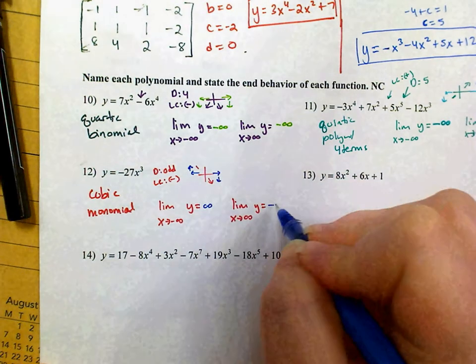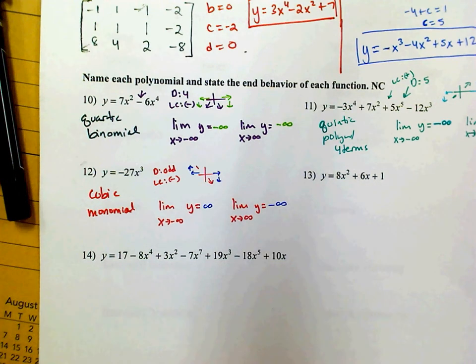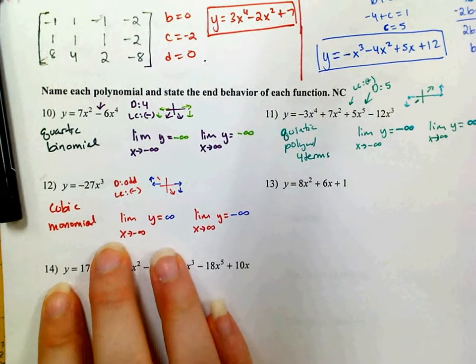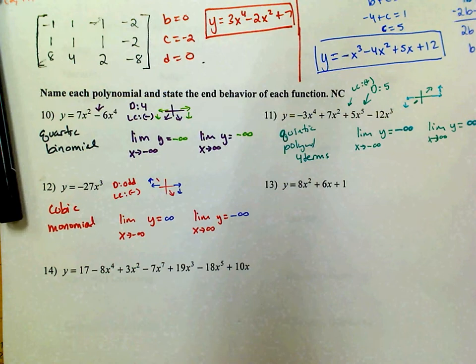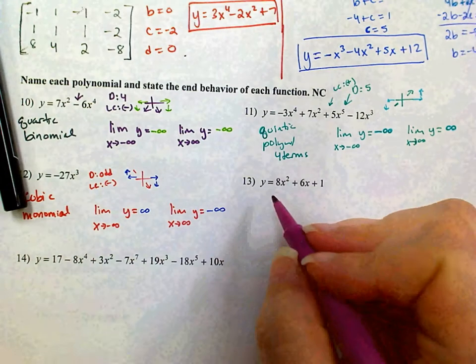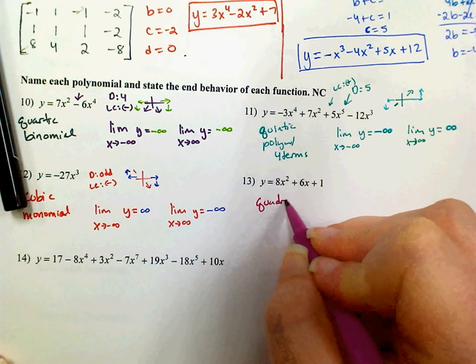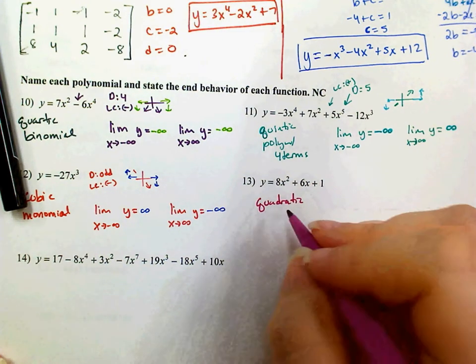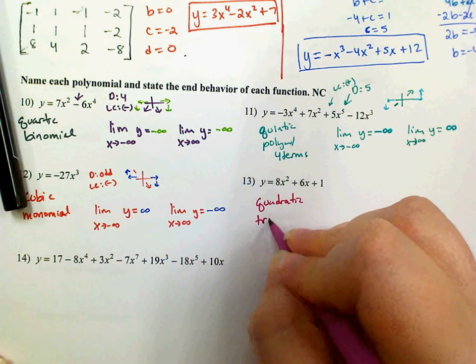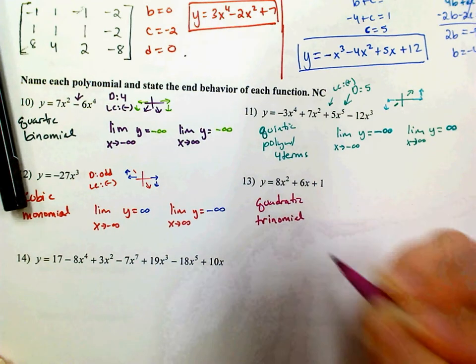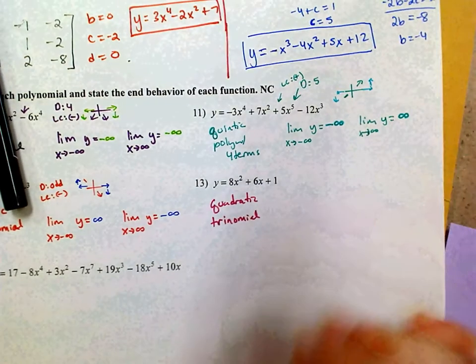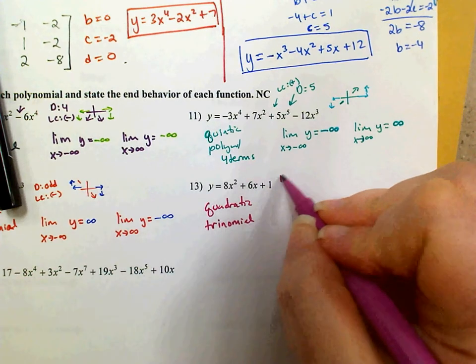Okay. Number 13. The highest power is 2, which means it's a quadratic. And there are 3 terms, so trinomial. Okay, and then the degree is 2, which is even, and the leading coefficient is positive 8, which is positive, so even positive.